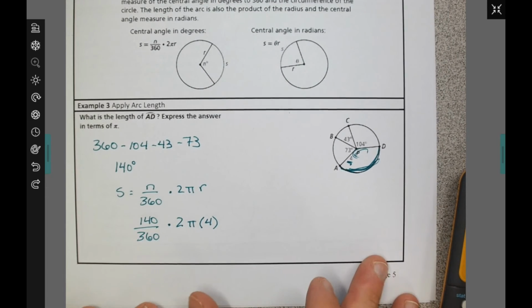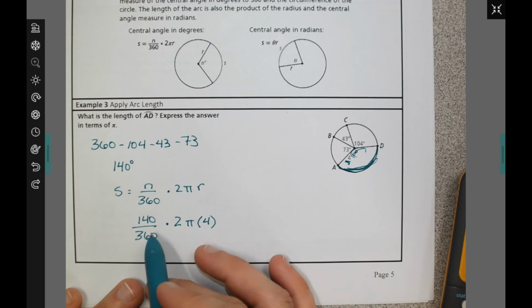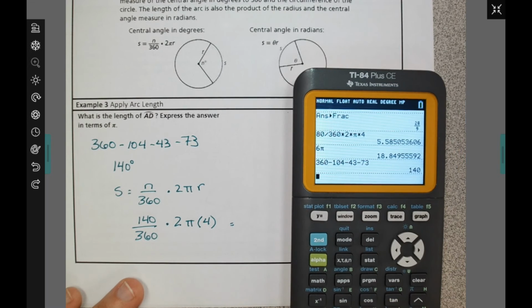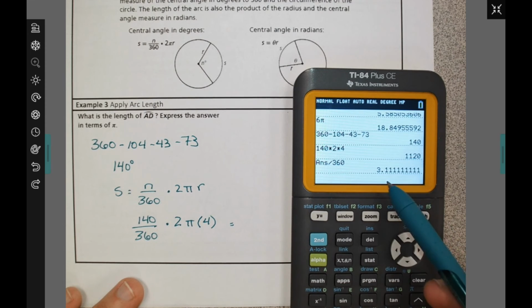Okay. Here, they want us to leave it in terms of pi. So that means we're going to multiply everything out except the pi. So doing that, multiplying across the top, it's 140 times 2 times 4. And then we are dividing by the 360 that is down below. So it's going to give me this decimal 3.11 going on forever. Typically, when we leave in terms of pi, we just want to have a fraction instead.